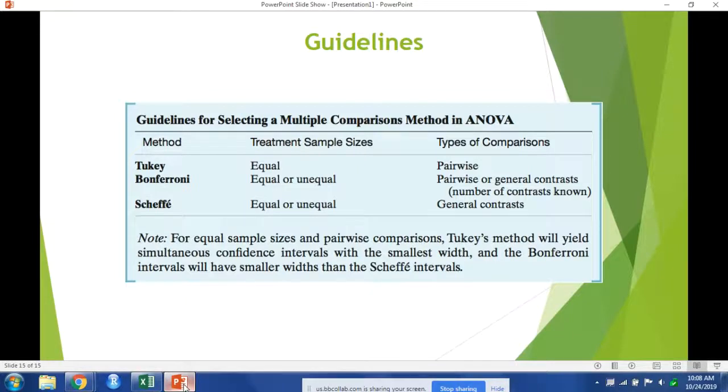The other one, called the Scheffe method, is a more general procedure for comparing all possible linear combinations of treatment means called contrasts. Consequently, when making pairwise comparisons, the confidence intervals produced by Scheffe's method will generally be wider than Tukey or Bonferroni's confidence intervals. Okay.